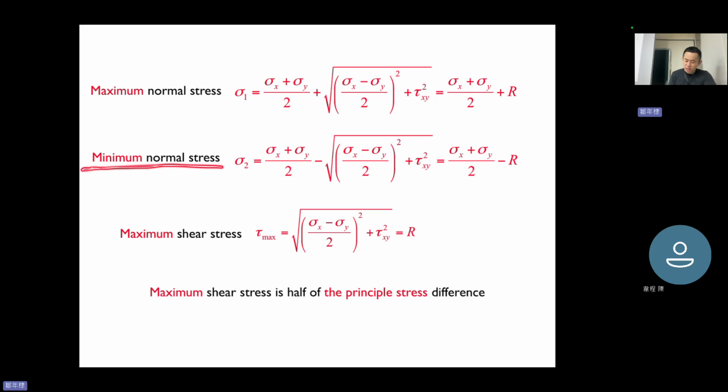Minimum normal stress, sigma 2, is sigma average minus r. And maximum shear stress, only one value, r. So you can see this is not really difficult to memorize: average plus r, minus r, maximum shear stress r. It's not bad, right?